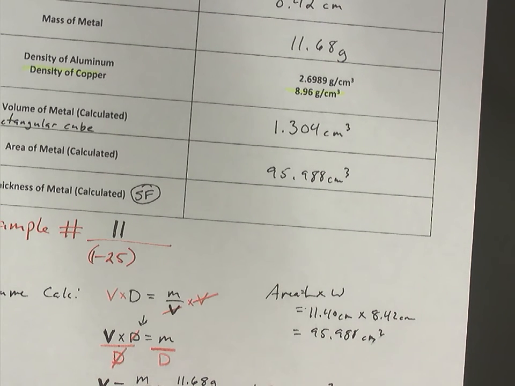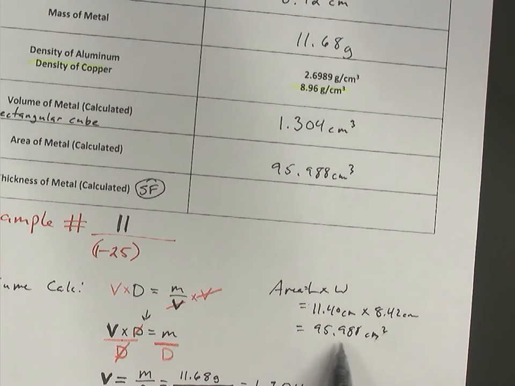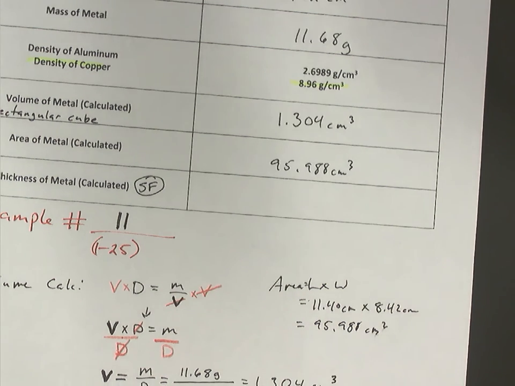So we can also look at volume as area times height. We just found this 95.988. So volume is equal to length times width times height, or our area times our height.